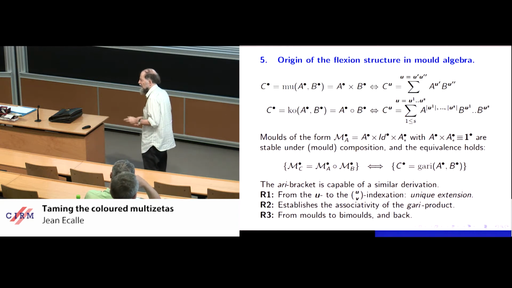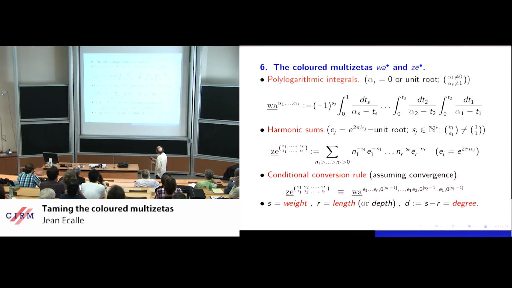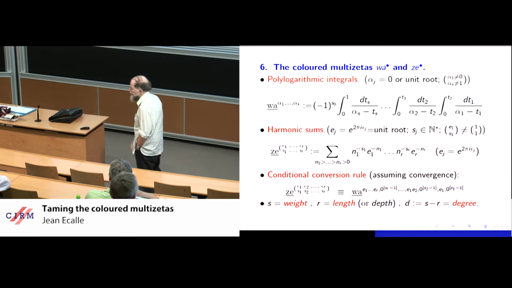The two things are very closely interlinked, intertwined, and all this is to say that, appearances to the contrary, the flexion structure is something extremely natural, with a claim to attention that can be buttressed in any number of ways. So enough of heuristics.